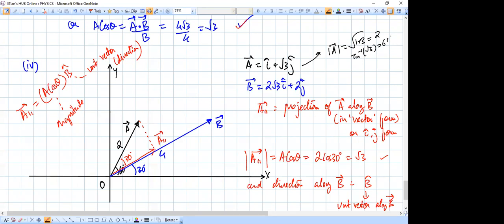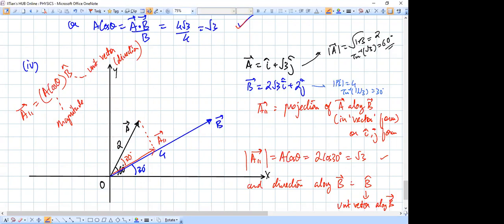So that is 60 degrees. So A is of magnitude 2 and at an angle of 60 degrees. Then similarly, from the information given to us about B, we know that the magnitude of B is 4 and the angle is tan inverse of 1 by root 3. Divide the y component by the x component, so 2 by 2 root 3. So that is 30 degrees. So we have calculated above also that the angle between vector A and B is 30 degrees.